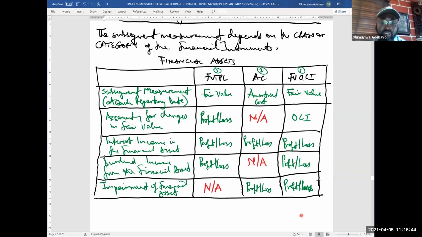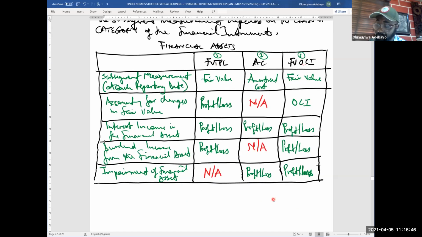Now, let me give a note. You know, I made mention of impairment loss and impairment gain. Impairment gain is the reversal of an earlier loss, whether in full or in part. But you can't reverse or recover more than what you have recognized as a loss ab initio.